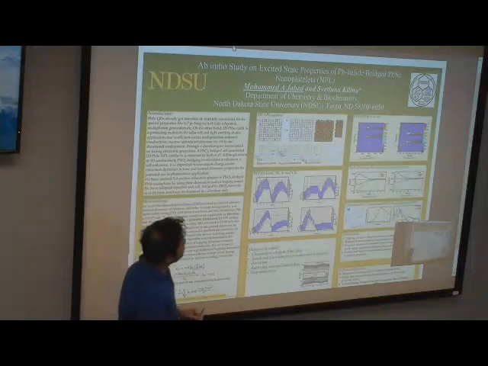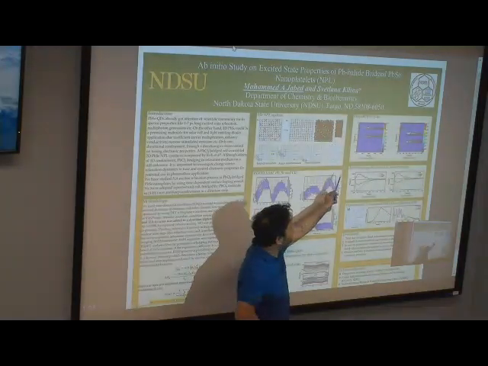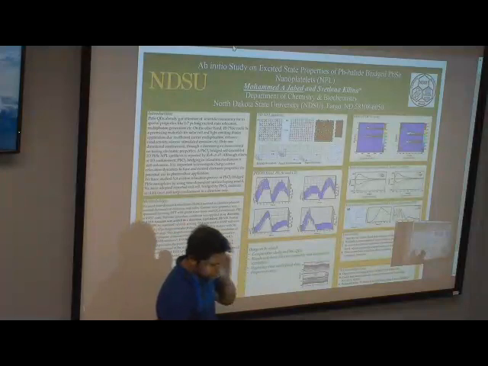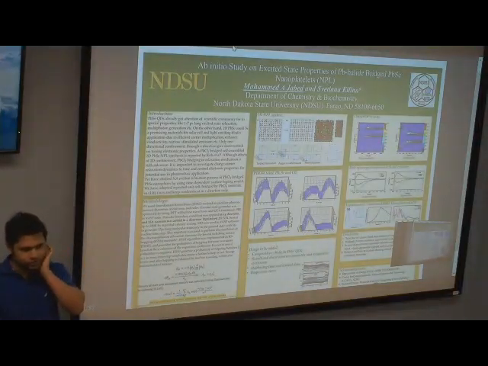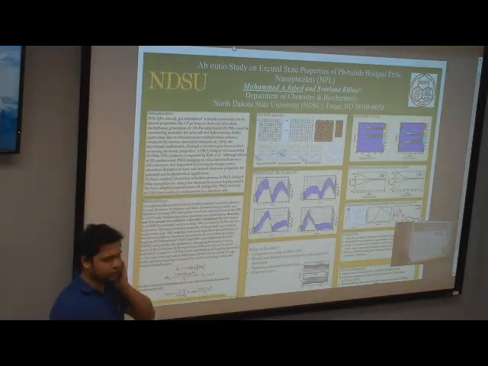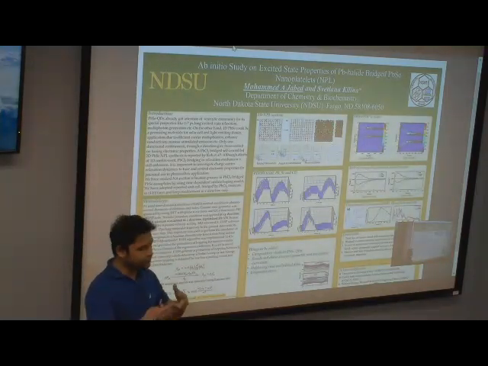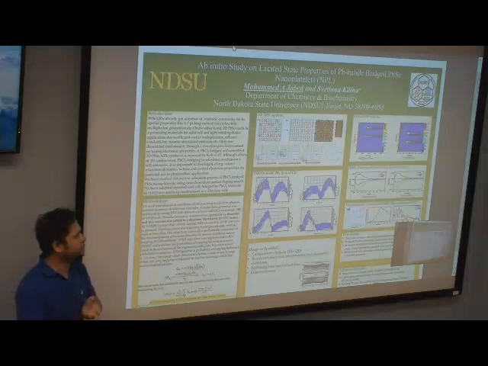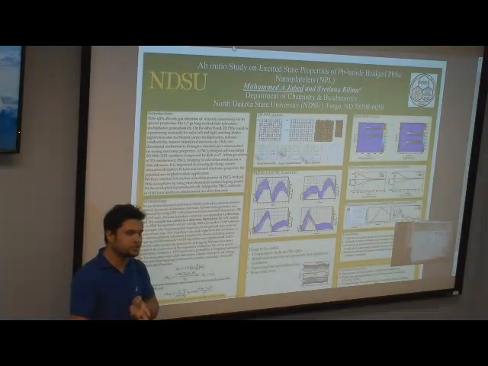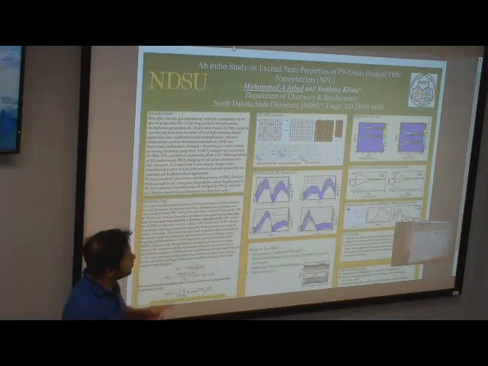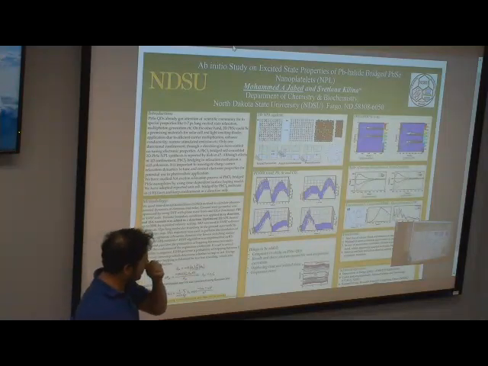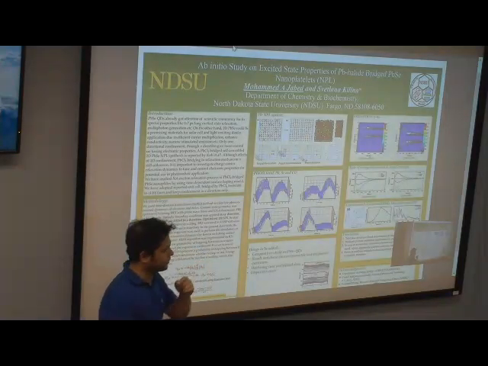Next, we used the fewest switches surface hopping methodology to look at the relaxation rate. I plotted two initial conditions. First I took the asymmetric excitation, and the next one is the symmetric excitation, but their relaxation pathways are significantly different.